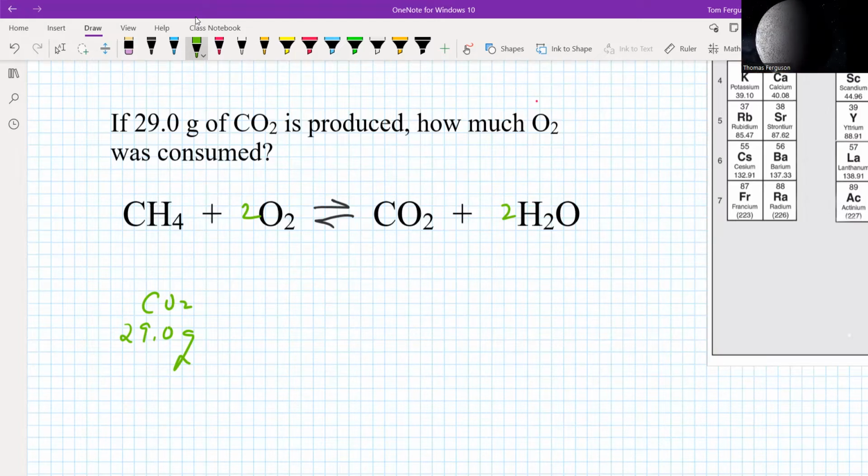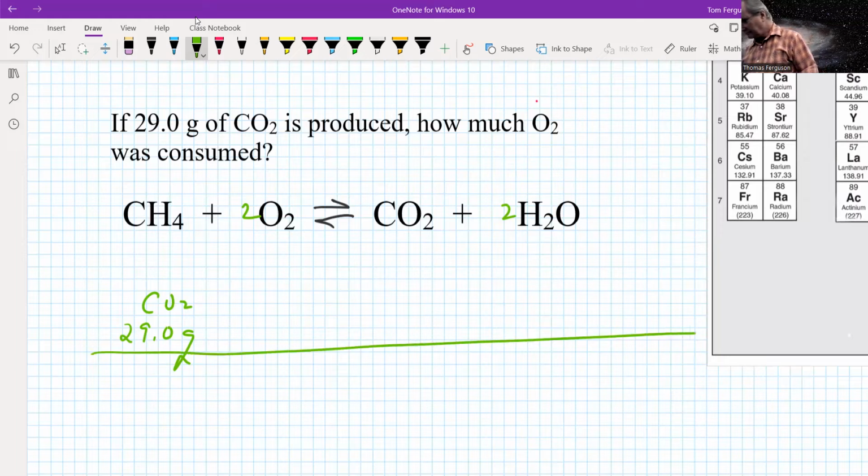It doesn't matter where it lies in the reaction itself, the equation. Whatever's given goes on the left. Whatever we're trying to calculate goes on the right. And we want to calculate grams of oxygen. Okay, so first thing we do is convert to moles. That's going to be 12.01.